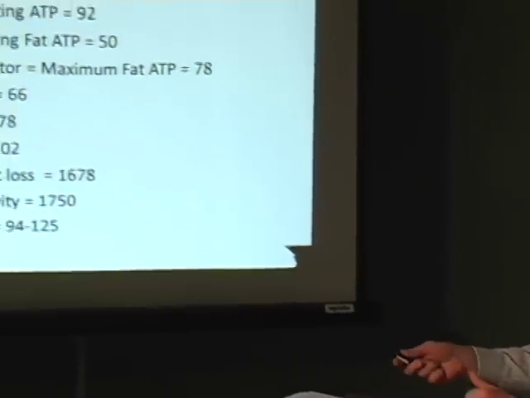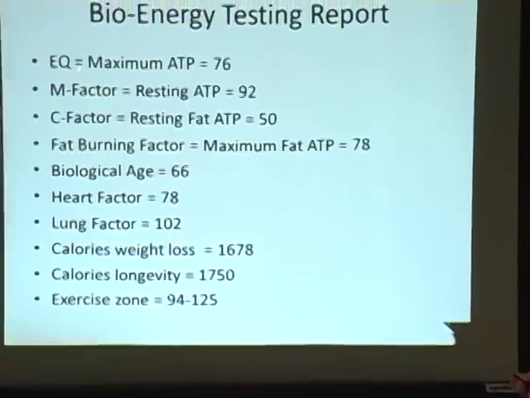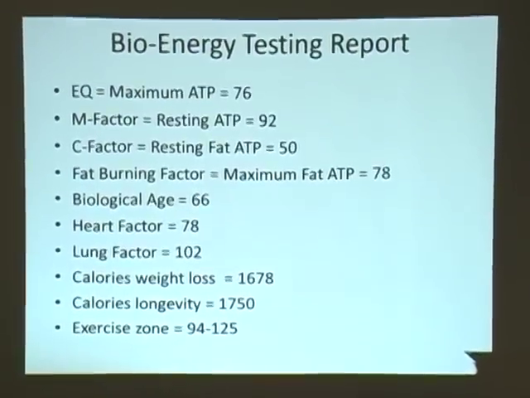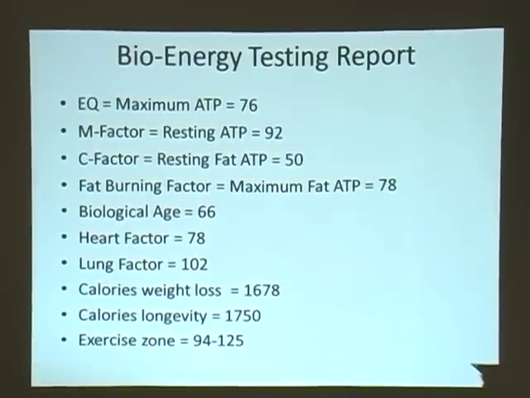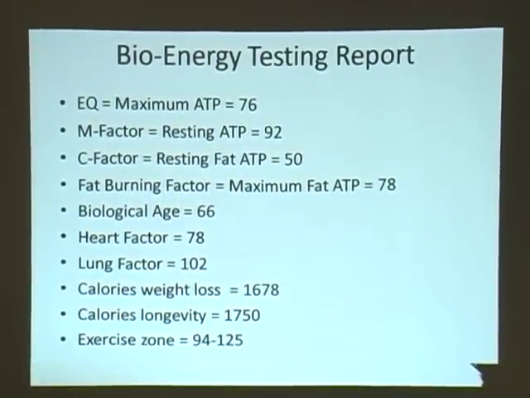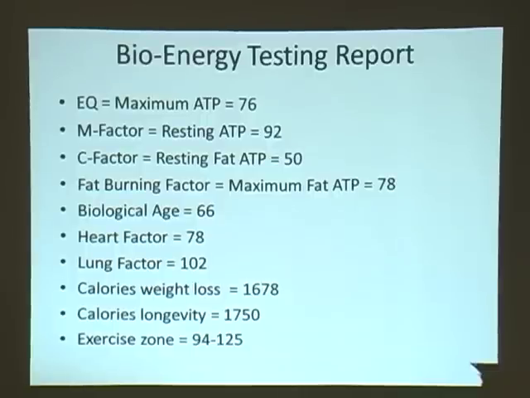So let's look at him as a good example. Here are his test reports. We're going to go over this in more detail, but I'm just going to run through them right now. His EQ, which is the maximum amount of energy that he can make from oxygen in his cells, stands for energy quotient. On the top end of the quotient is how much energy he can make from oxygen.